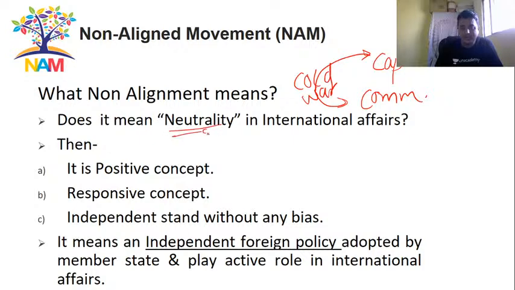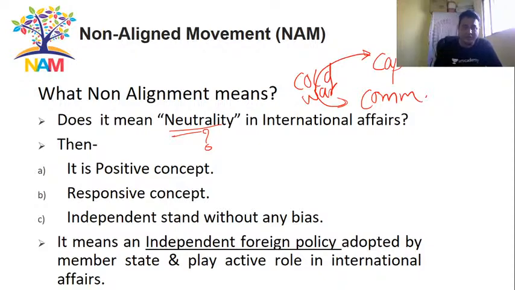Is that what neutrality means related to the NAM? If any international crisis is going on, they are not going to take any part in that, as they are neutral. Is that the case?